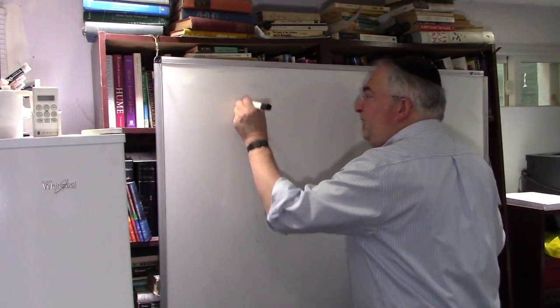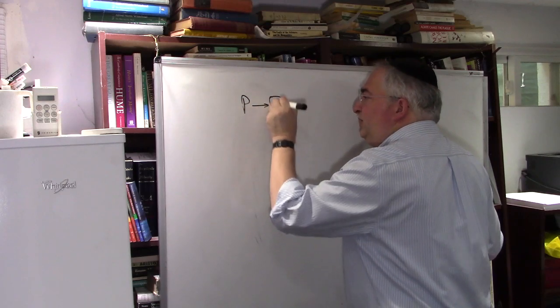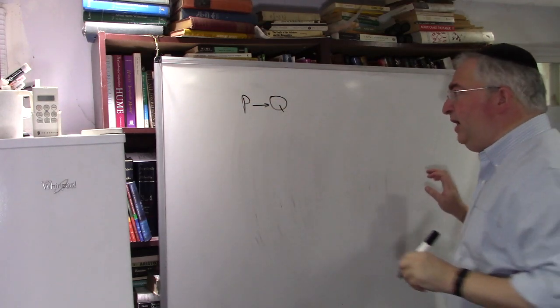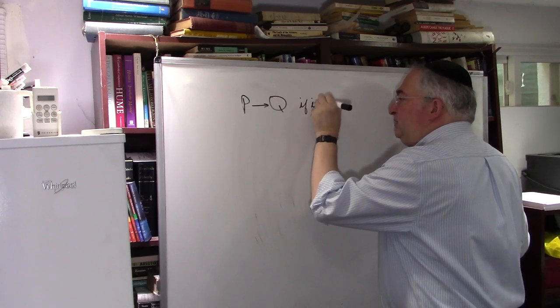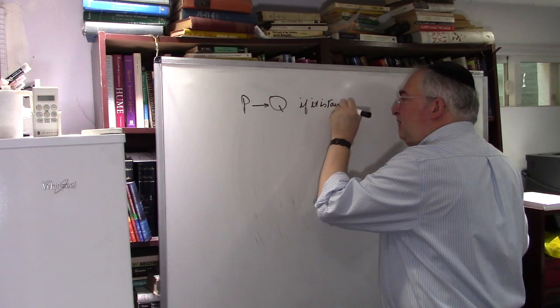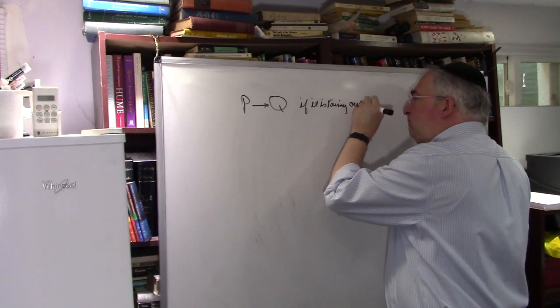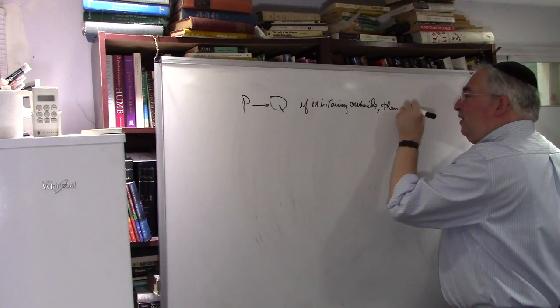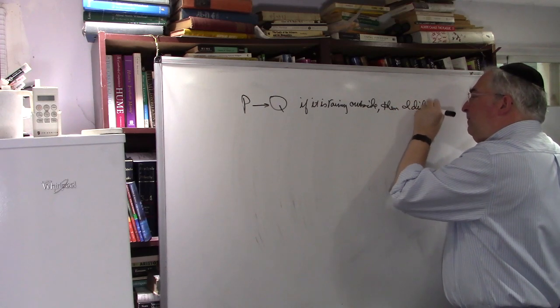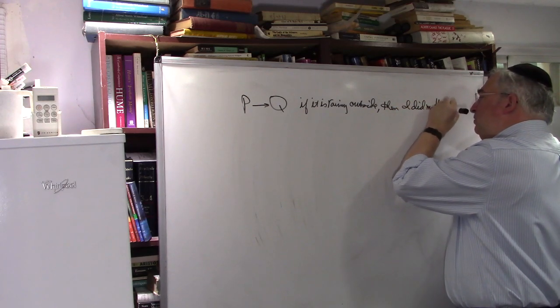P arrow Q, and this is the one that students find the hardest. P arrow Q stands for: if it is raining outside, then I did my homework.